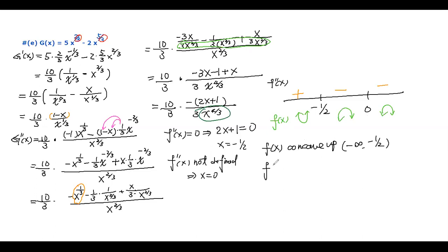And f of x is concave down, because the 0 is inside the domain here. So the g function is continuous at 0. So I would say this one here is concave down from negative 1/2 to what?